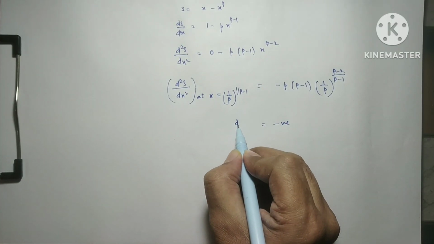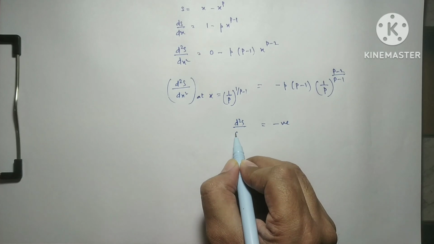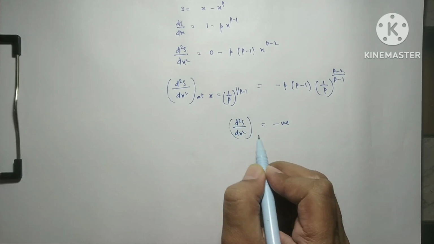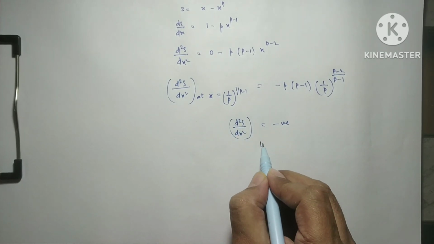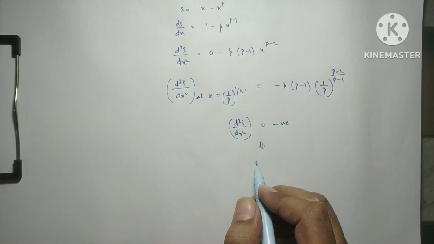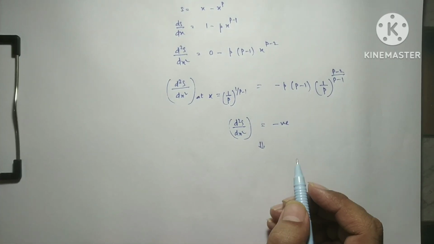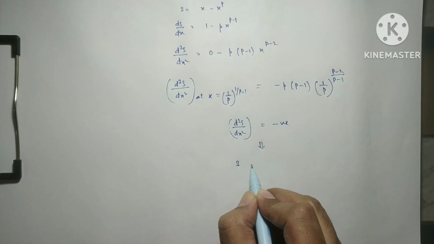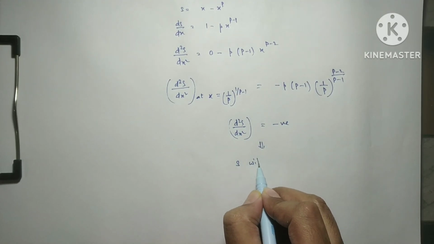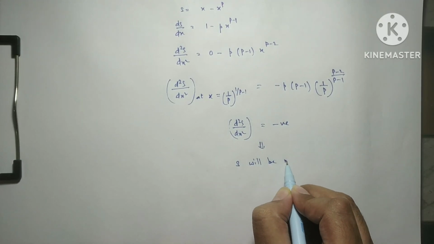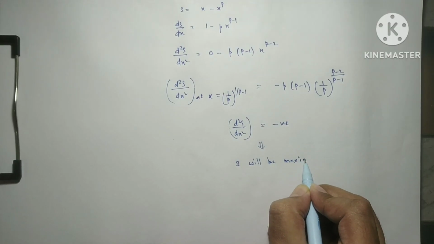If the second derivative is negative, that shows a maximum. So S will be maximum.